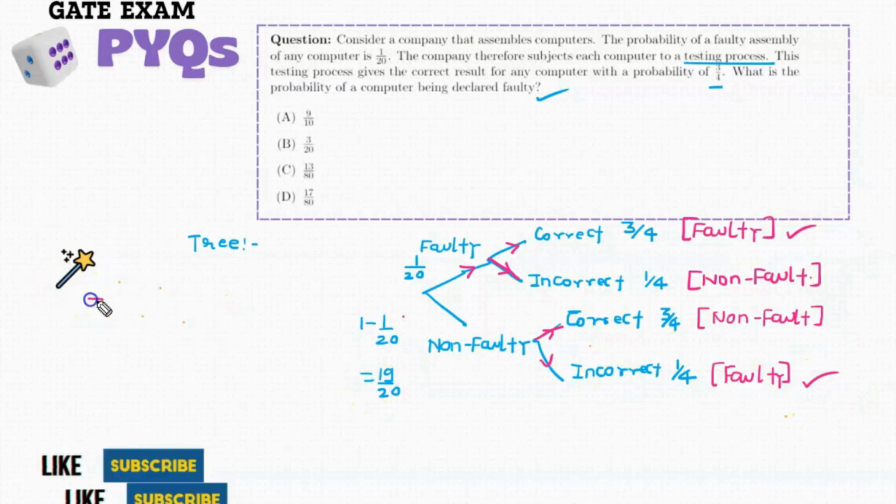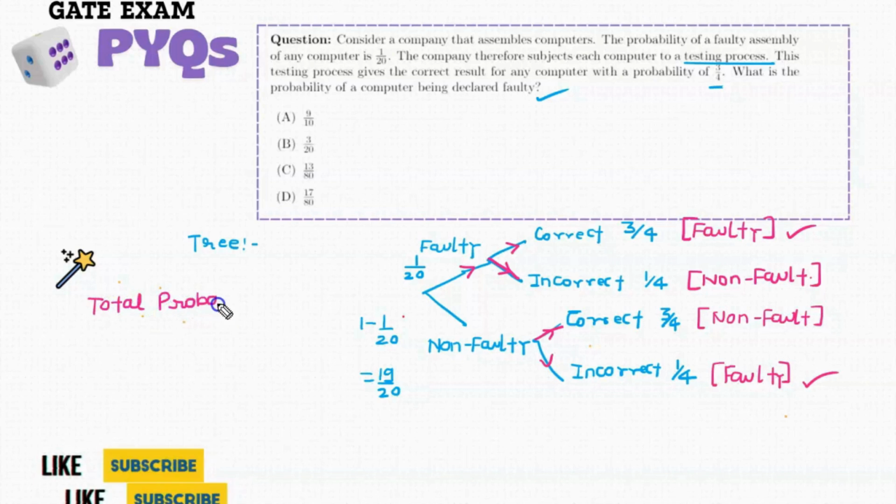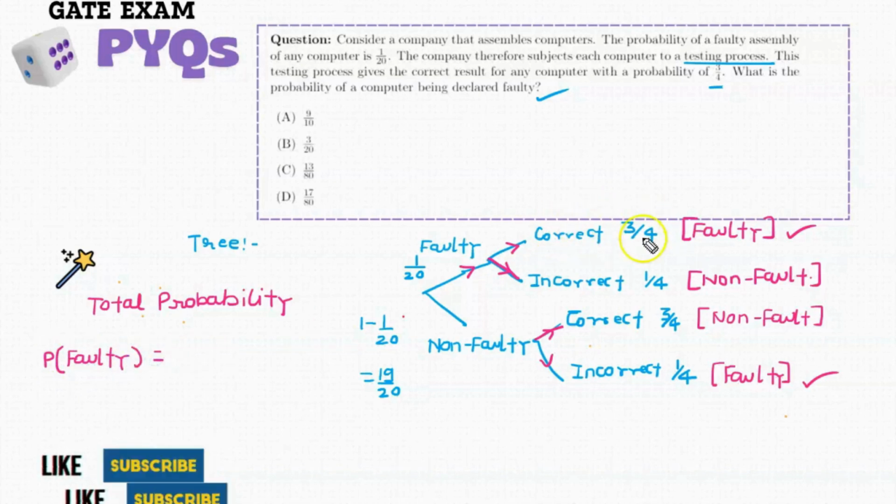What we are applying here is nothing but the case of total probability. Correct? So what I can write down is the required probability that the computer is declared faulty. It will happen in these two cases only.